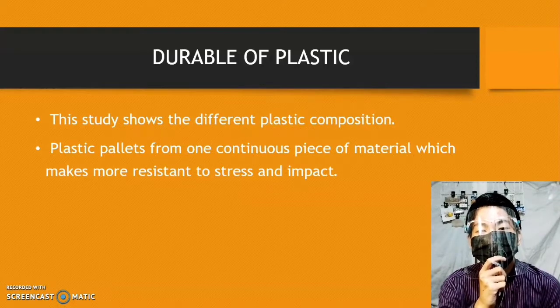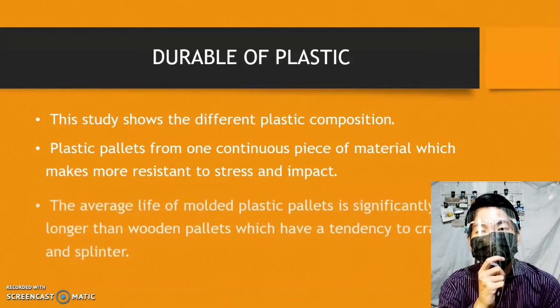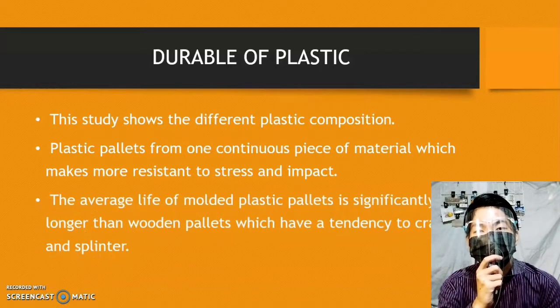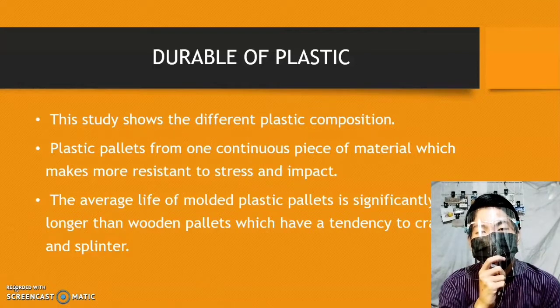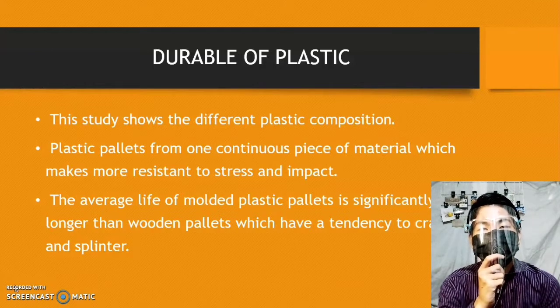The average life of molded plastic pallets is significantly longer than wooden pallets, which have a tendency to crack and splinter. The researchers conclude that plastic is the most essential material: highly durable, will not splinter, easy to clean, long-term value, closed loops, supply chain, good for moist environments, and flexible.